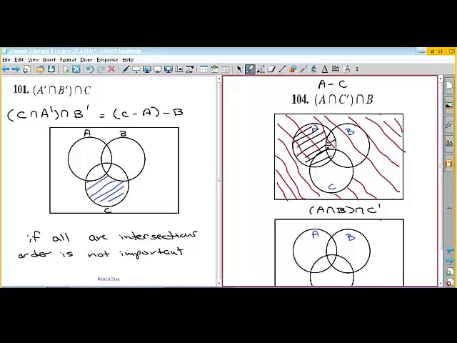And then the intersection of A with the complement of C is where you have both the black lines and the red lines, which turns out to be this little sliver. So A minus C is the same as A intersect complement C.